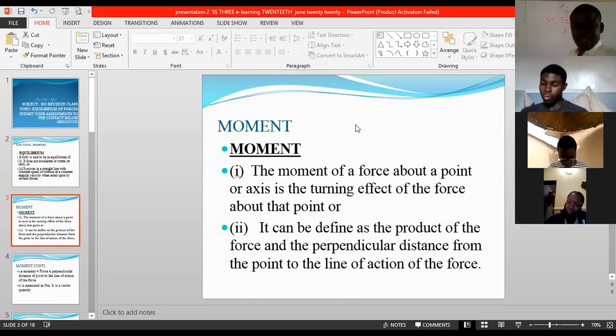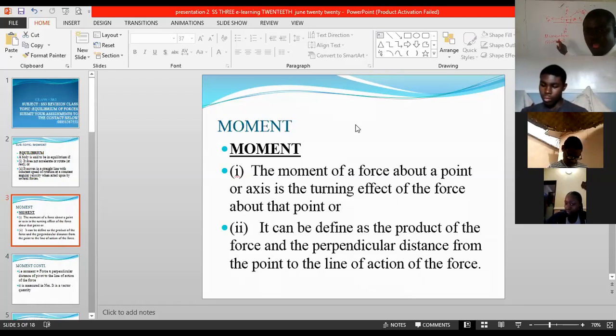Now, moment. I said there's a difference between moment and momentum. They are not the same. Momentum and moment are two different words, but they are both vector quantities.